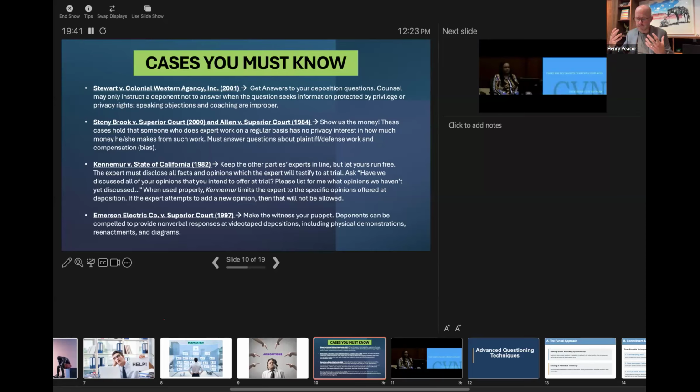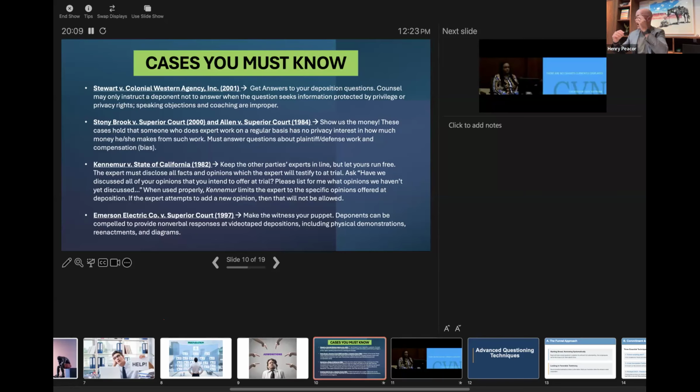Our attention spans are constantly getting shorter and shorter. And in order to keep the jurors' attention and to keep your own attention in the case, putting things into action really is powerful. So this case stands for the proposition and allows us to ask the witness to reenact something, to draw a diagram.